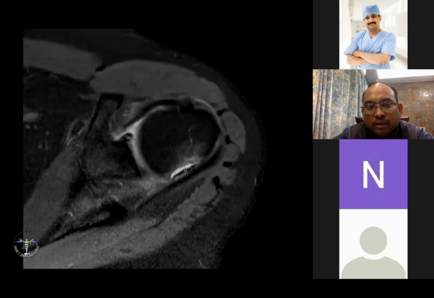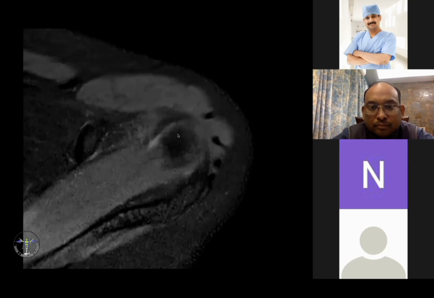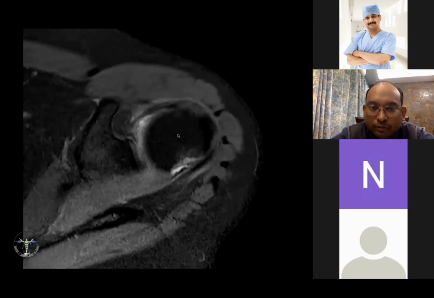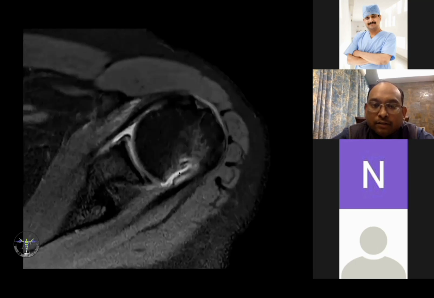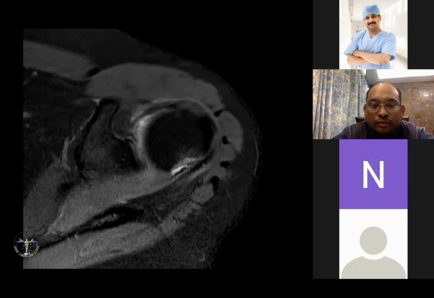That's why by theory there is a definition that the bony defect should be seen at the level of the coracoid or above it. As I'm moving from superior to inferior, I am able to see there is a large eaten away bone which is seen posteriorly. That is the bony defect, and this is the Hill-Sachs lesion. You can see there is a large Hill-Sachs here which is extending from this to this level. So we are sure from this image that there is a large Hill-Sachs lesion.